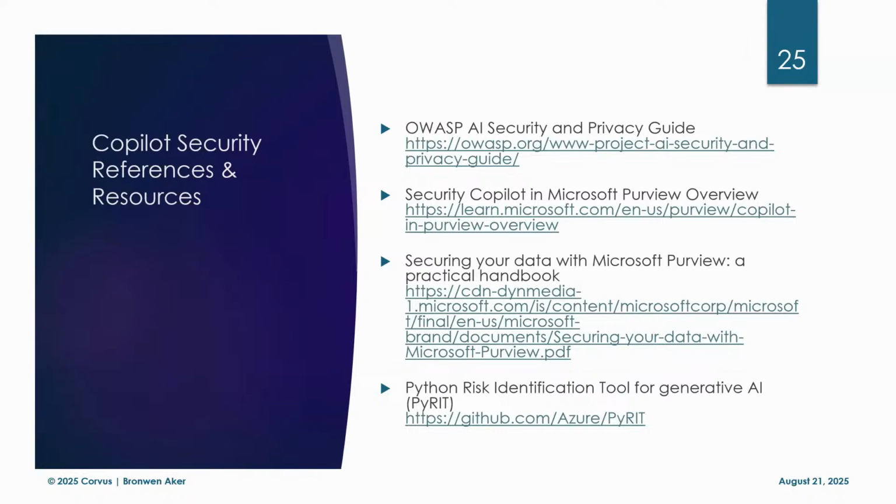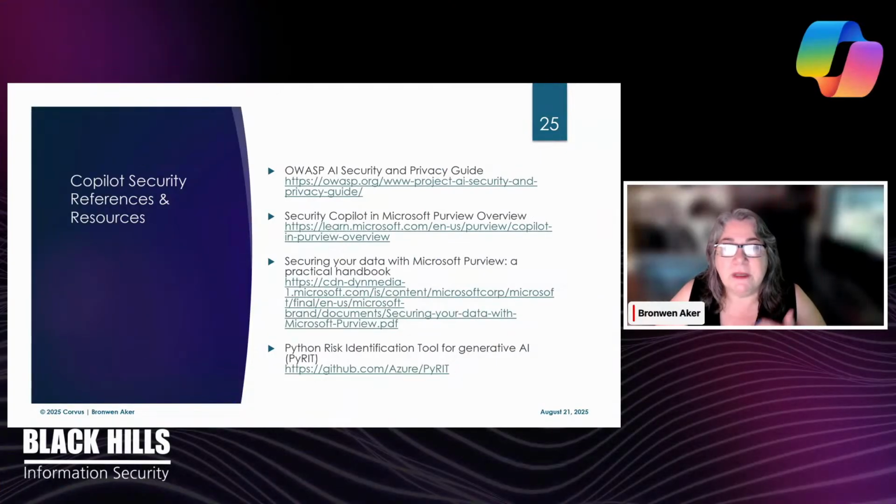OWASP is doing work both independently and in conjunction with SANS to help get a handle on AI security, and the documentation and webcasts that I've seen have all been excellent. Also, there is documentation about Purview specifically in conjunction with Copilot. I've got both the web page and the PDF link here in the slide deck.